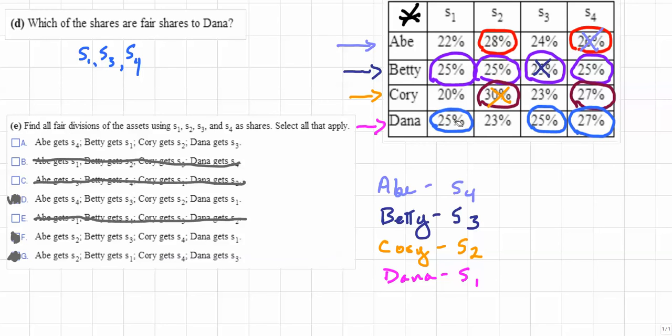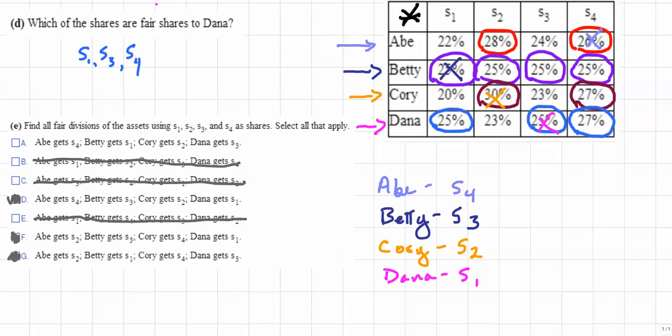So let's go ahead and get rid of the x's, and let's start over. And we'll start once again with S sub 4 for Abe. So we'll get rid of this one. And then we'll do Betty with S sub 1. And that means that Corey has to have S sub 2. And that means that Dana has to have S sub 3.